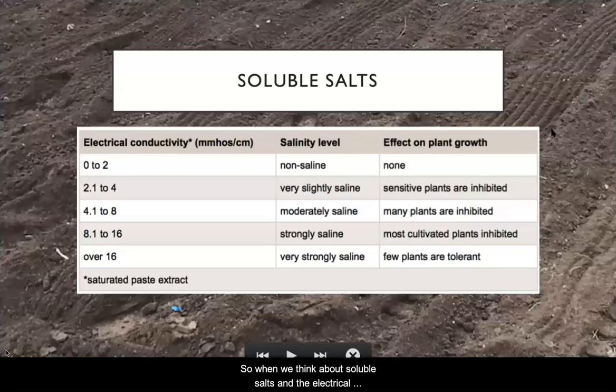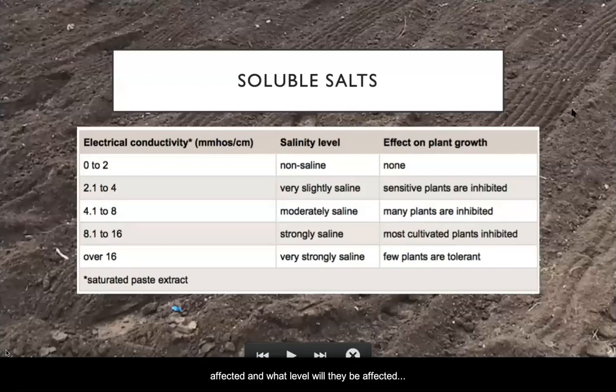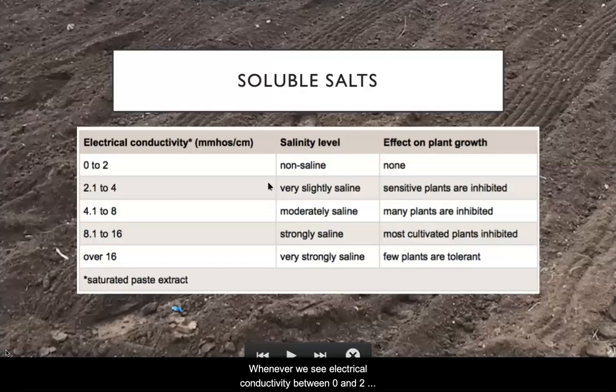So when we think about soluble salts and the electrical conductivity that they contain, what kind of plants will be affected and at what level will they be affected? Whenever we see electrical conductivity between 0 and 2, most of our plants can handle that. But again, like I said, once you get to about 0.6, you want to really start managing it.